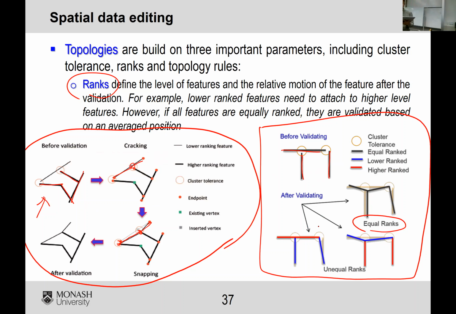But if we have a higher rank for the horizontal edge, then you can see the vertical edges are moved to match with the higher rank feature. And if we have a higher rank for the vertical edges, then the horizontal edges are cracked and snapped to the vertical edges. So this is how the ranks work in topology.